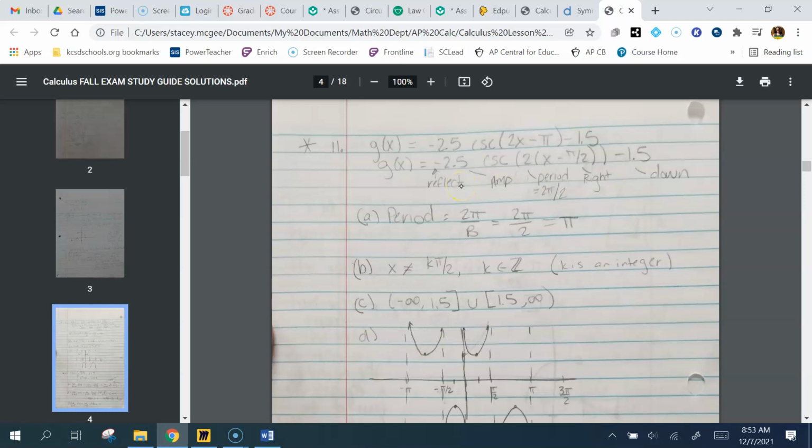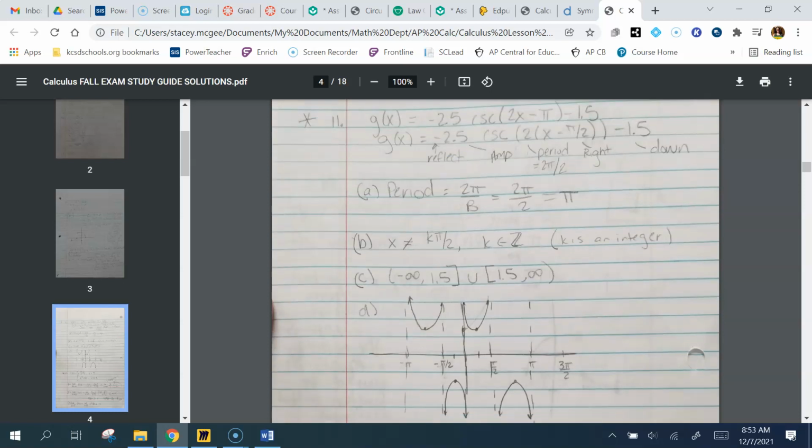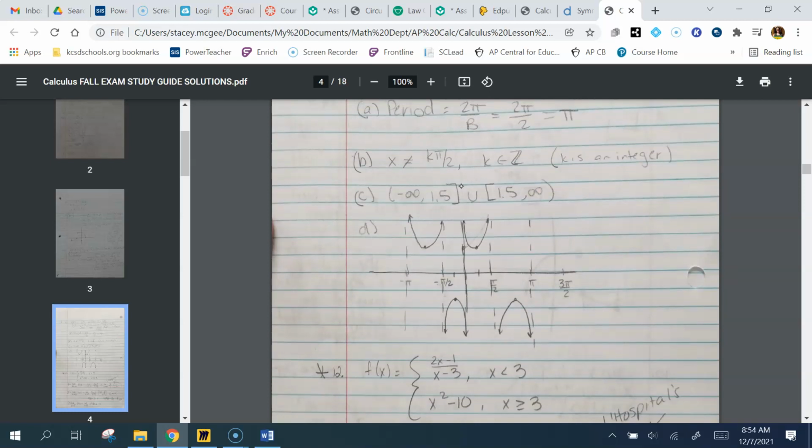But remember, the cosecant graph is going to look a little bit differently than a normal graph. I'm going to be honest, I do not know. This is a tough one. This is probably one of the toughest ones, but this is so steeped in pre-cal.